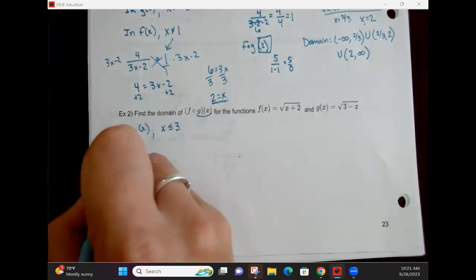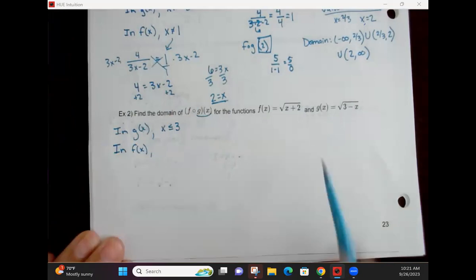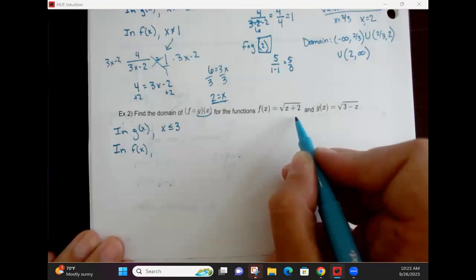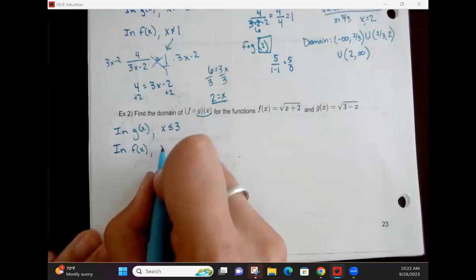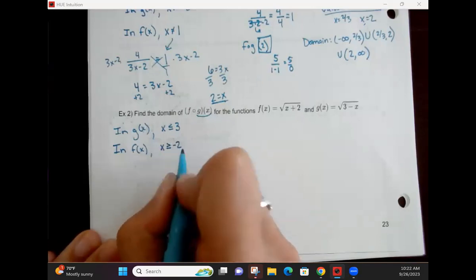How about in f of x? Do I need to put any restrictions on the domain for f of x? Do I have any problems there? Square root of x plus 2? Mm-hmm. Any numbers less than -2? Yeah, x needs to be greater than or equal to -2. -2 is okay.